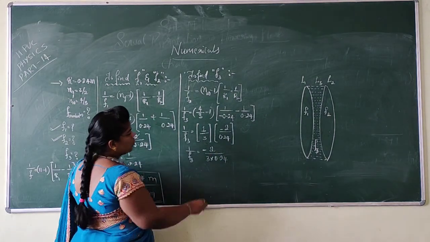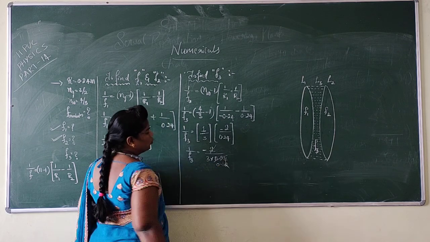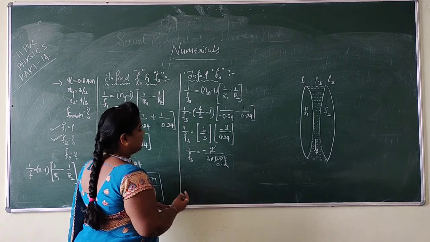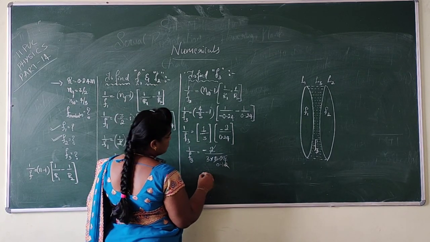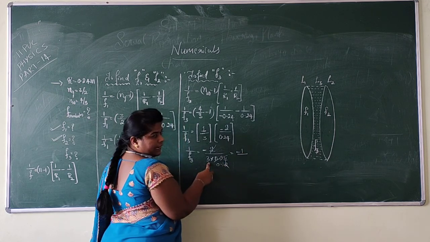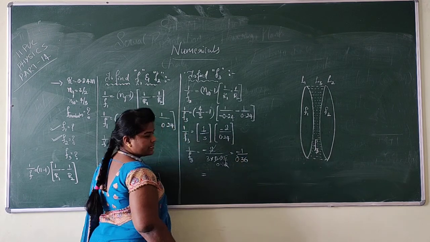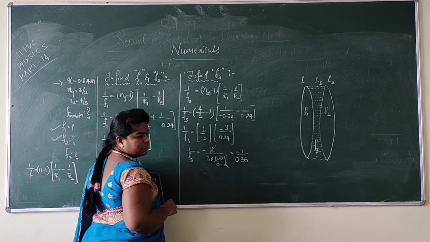Observe carefully, 2 ones are 2, 0.12, 2 ones are 2, 2 twos are 4. Yes, right? Then 0.12 into 3 ಏನಾಗುತ್ತೆ, so it becomes 1 minus 1 divided by ಏನಾಗುತ್ತೆ, 3 twos are 6, 3 ones are 3, it becomes 0.36. So 1 by F3 is equal to minus 1 by 0.36.